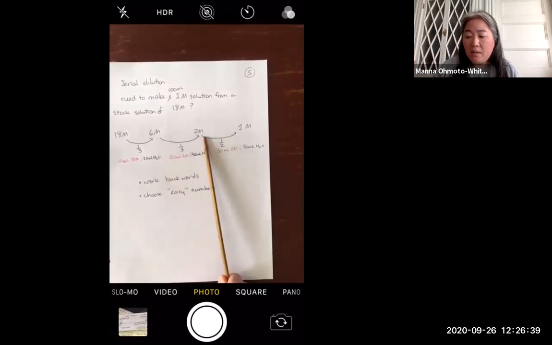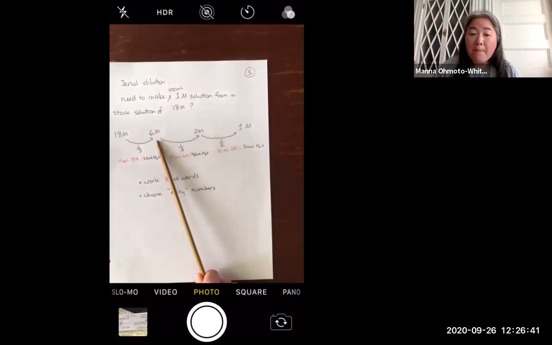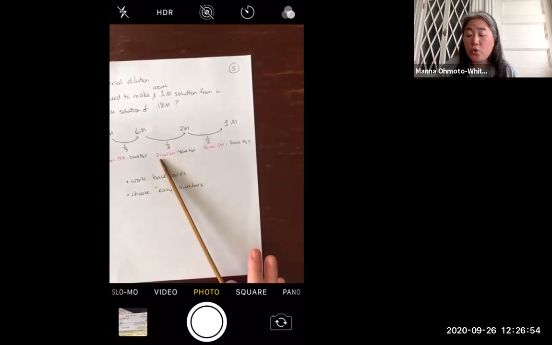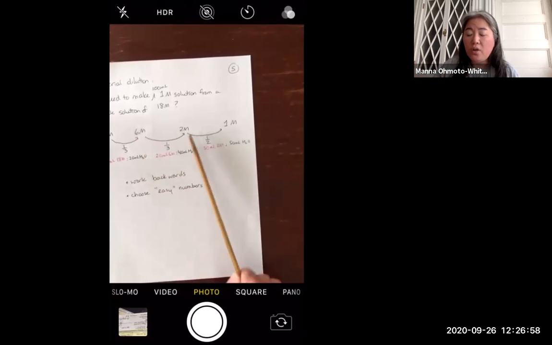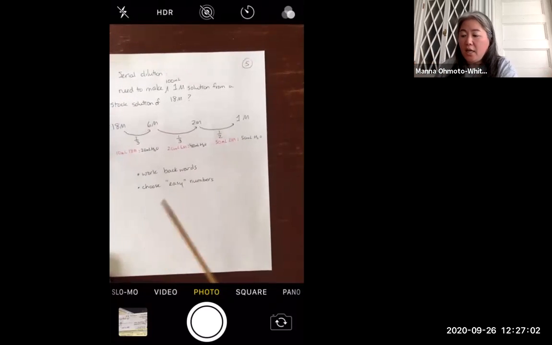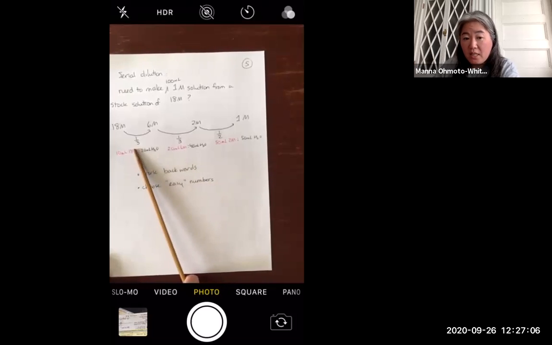To make 60 milliliters of a 2 molar solution from my 6 molar solution, I have to do a 1/3 dilution, which means I need 1 part of my 6 molar solution to 2 parts water. So it's got to be 20 milliliters of my 6 molar solution dissolved in 40 milliliters of water. Shake, shake, shake. In order to get that 20 milliliters of my 6 molar solution from this, I'm doing a 1/3 dilution again.